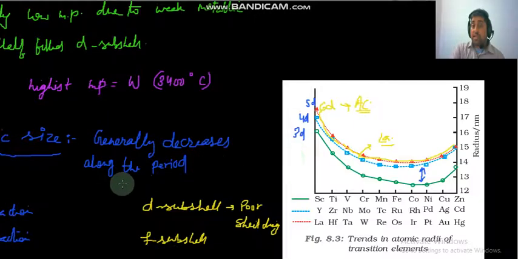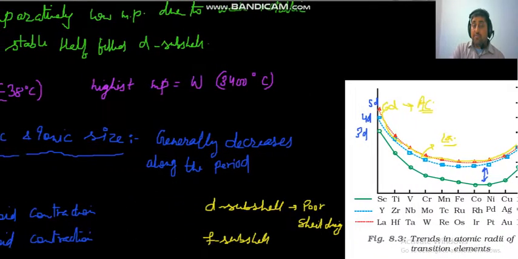Now see what happens in transition elements as we proceed further. If this is the nucleus, this is the n minus 1 and this is the n subshell.